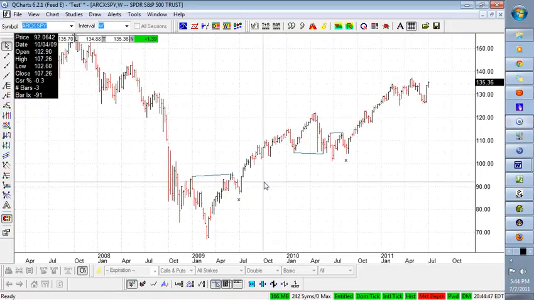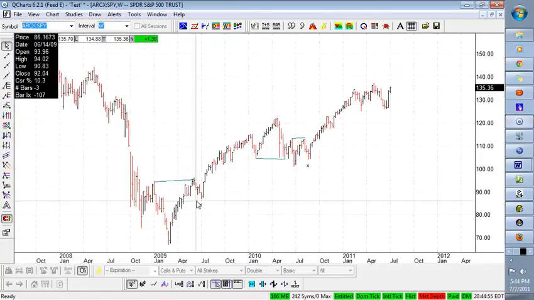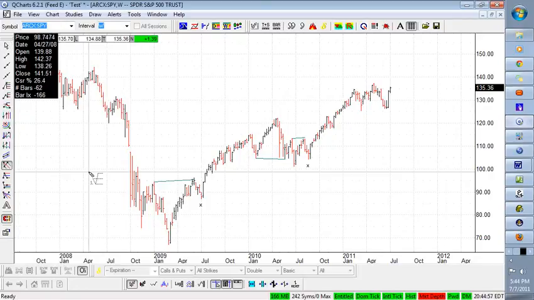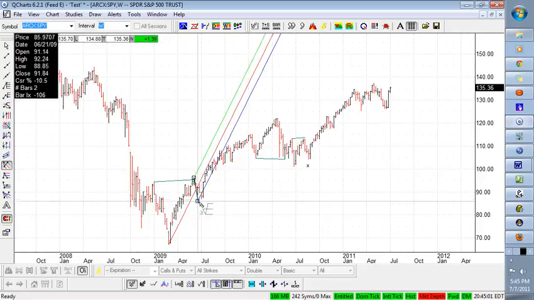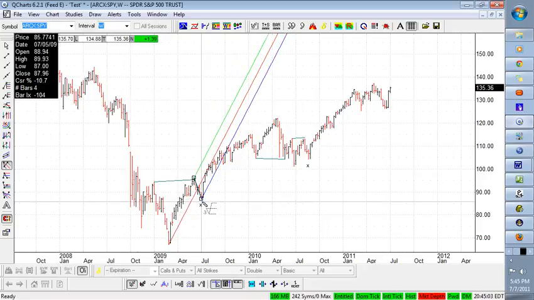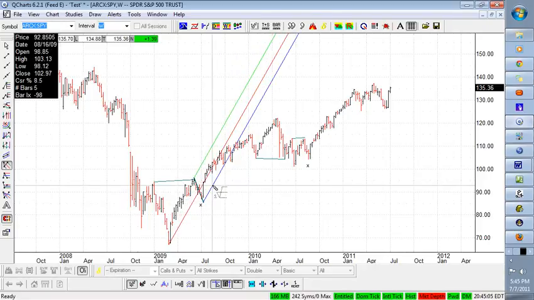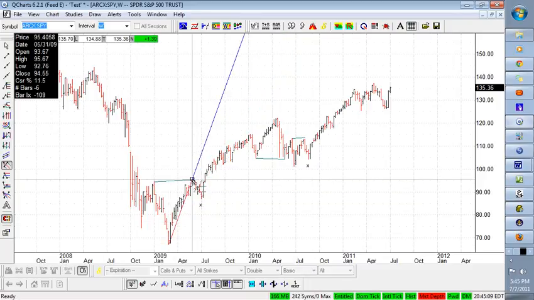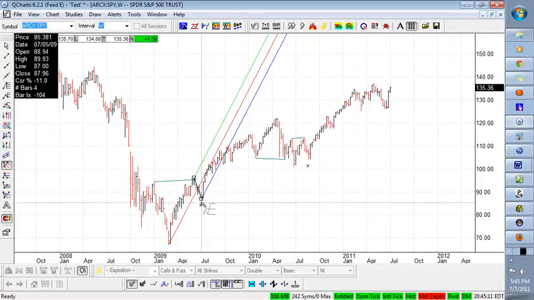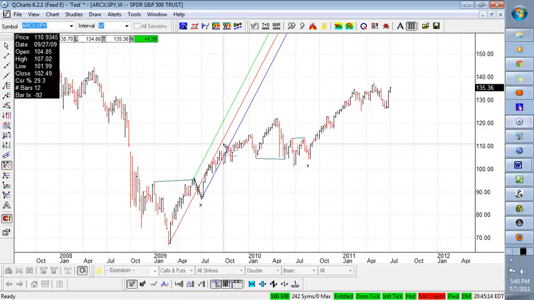Those of you that are Andrews students, one of the first things you want to look at for an entry is something called the golden pivot rule. Let's see this again. Prices are going up here.